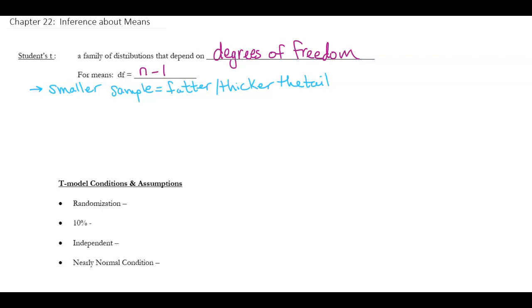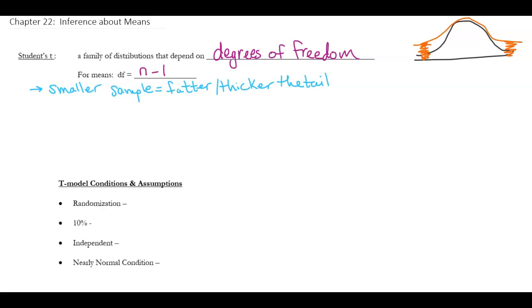If you remember in our video, let's say this black one is a normal model. If I have a smaller sample size, it has a thicker tail right here. That's what I mean by the fatter or thicker it is. As you get a larger and larger sample size, it gets closer and closer to what a normal model will look like.